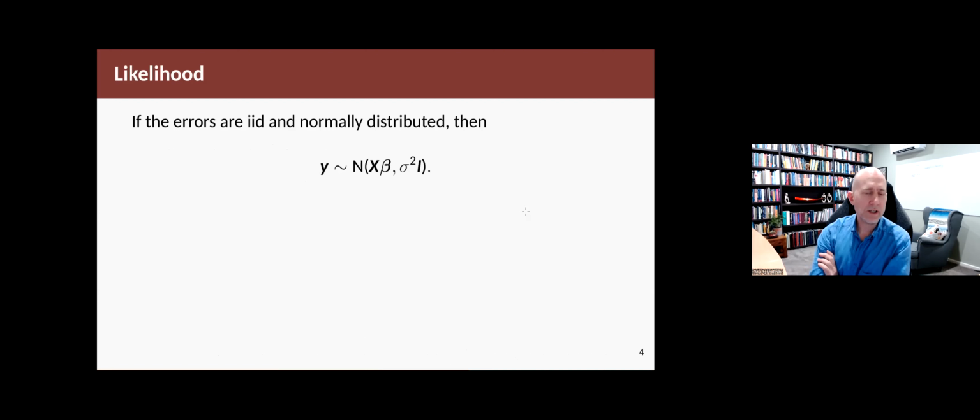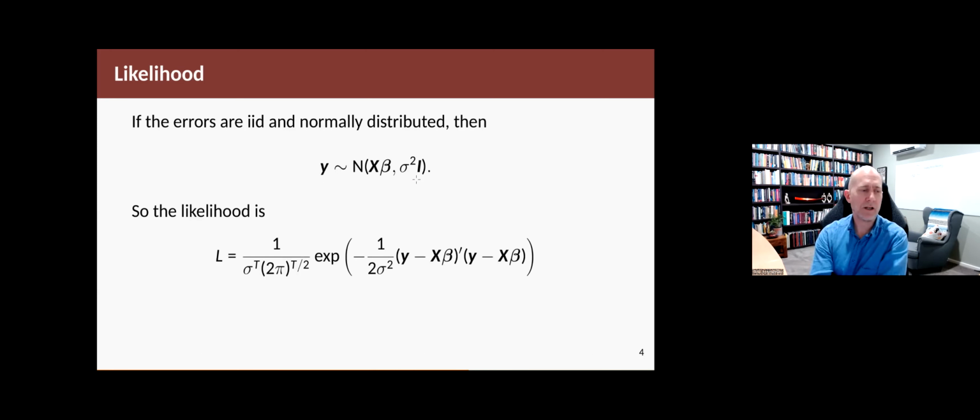If we are willing to assume that the errors from our regression are independent and identically distributed and that they're normal, then we can write down the response y as this expression here, a normal distribution where this is your multivariate mean and this is the multivariate variance.